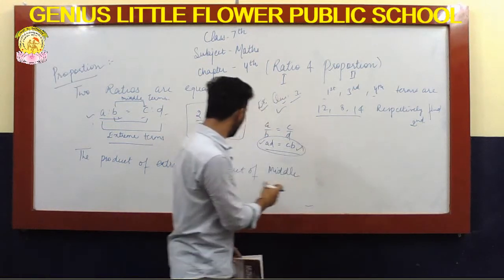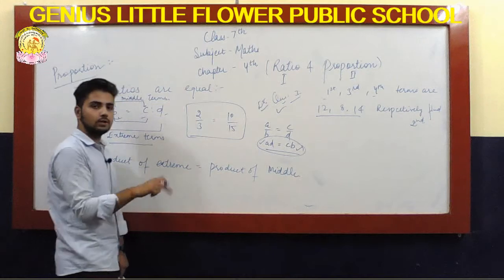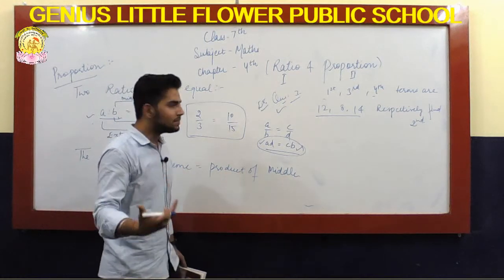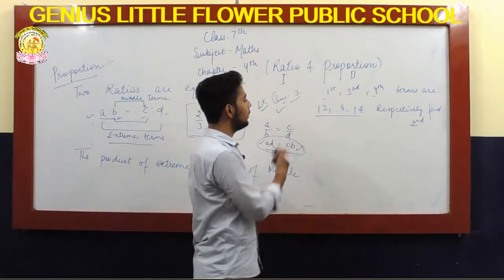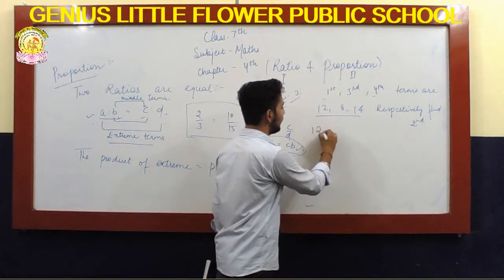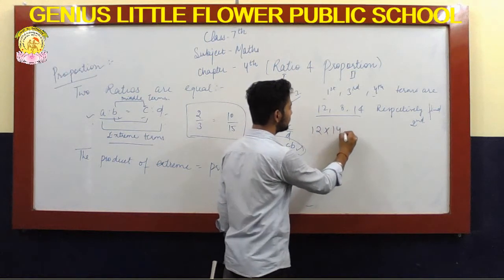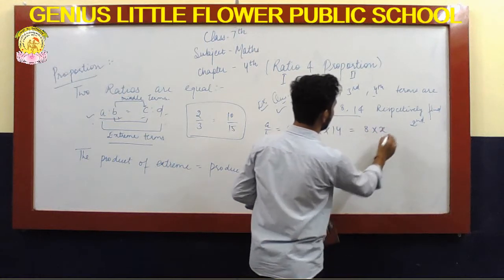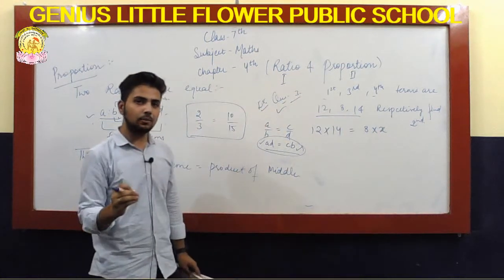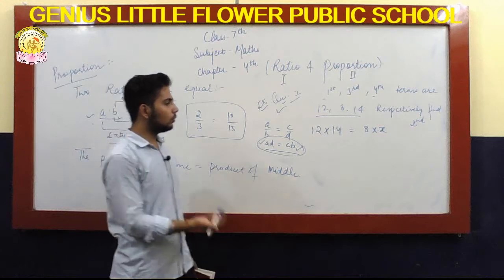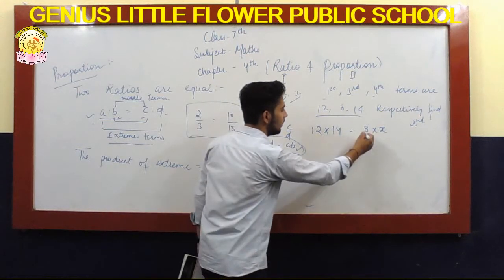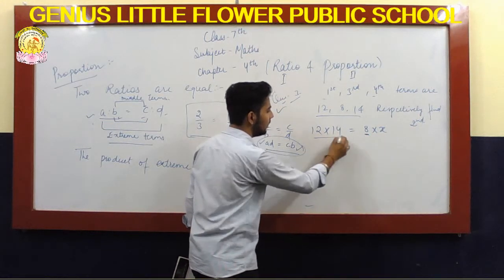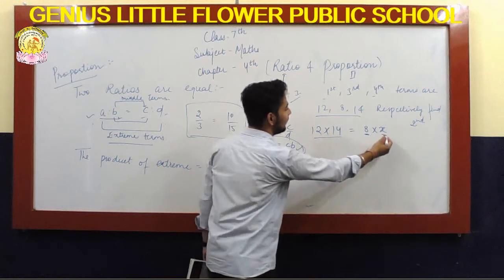So you are going to use this result, product of extremes is equal to product of middles, by the cross multiplication method. You have to multiply 12 into 14 and set it equal to 8 into x, where we let the second term be x. Now just divide by 8 and you will get the value of x.